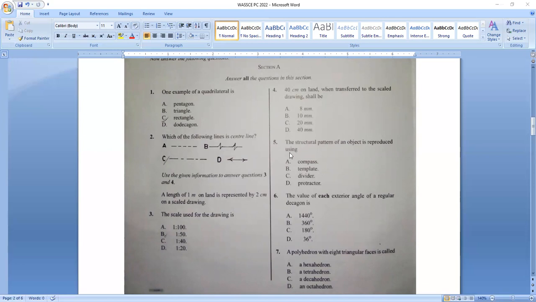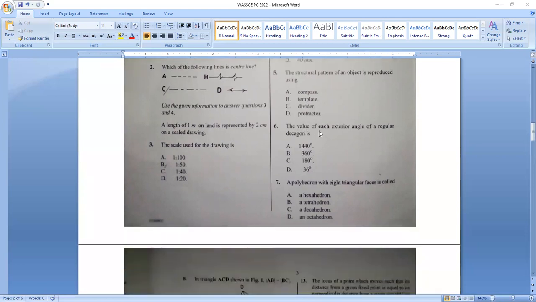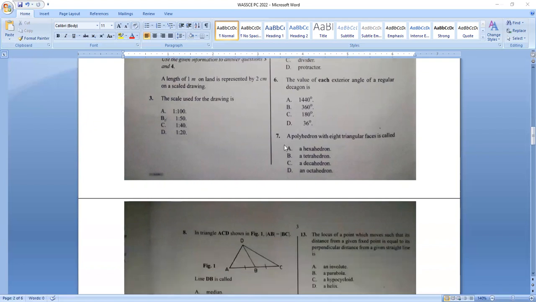And question 5 says that the structural pattern of an object is reproduced by using, so we use templates for that. Question 6, the value of each exterior angle of a regular decagon is 36 degrees. That is option D. Question 7, a polyhedron with 8 triangular faces is called octahedron.